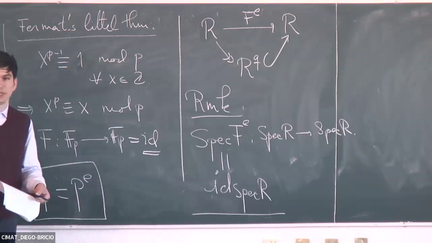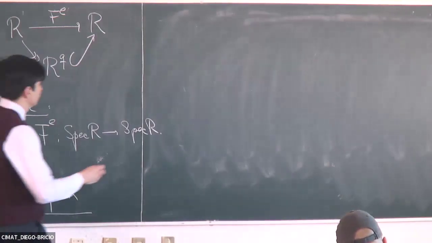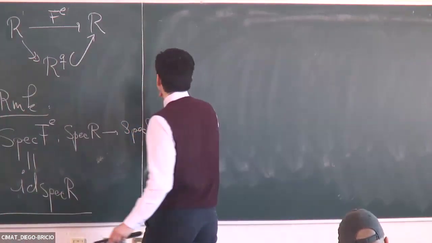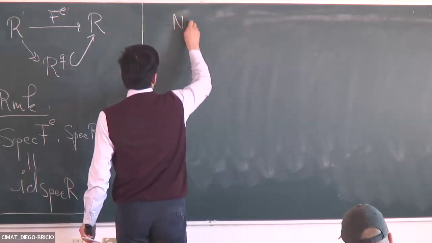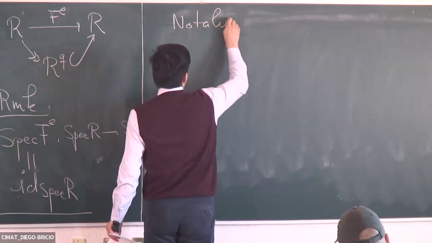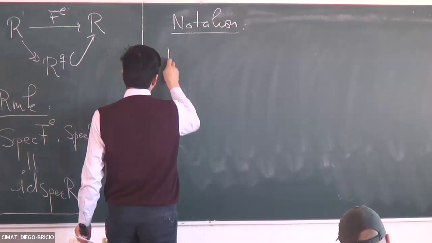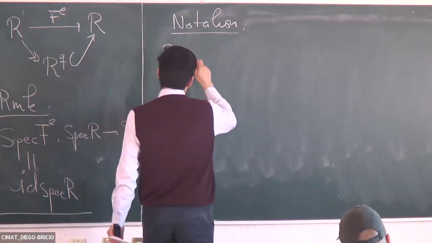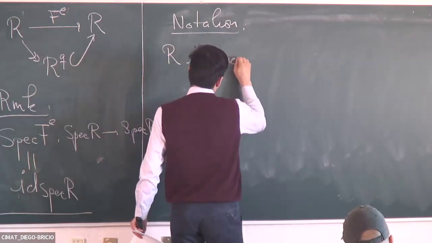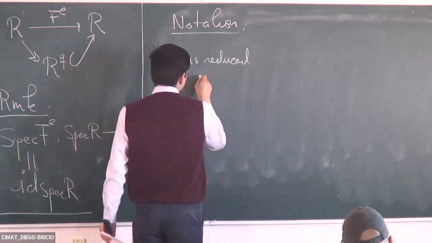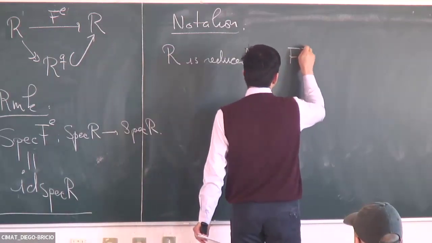So more notation we're going to follow here. So this is another part of standard notation here. We're going to use it from time to time, I suppose. So it's based on the following. So, well, first of all, notice that R is reduced if and only if Frobenius is what?